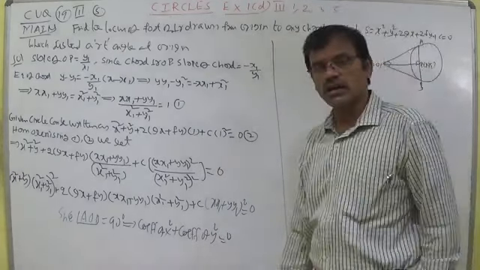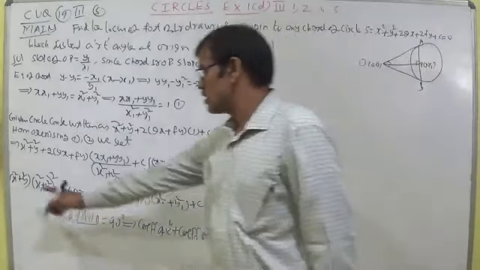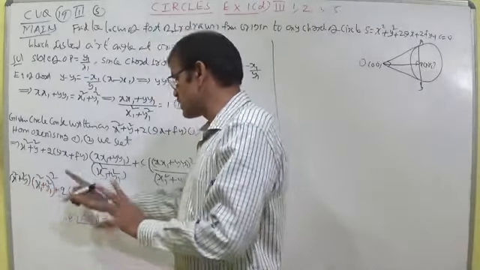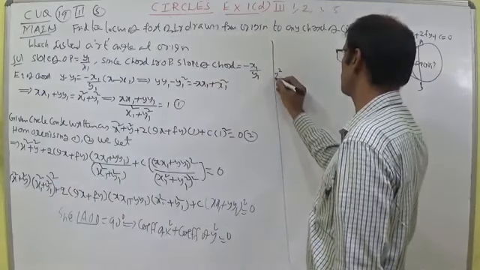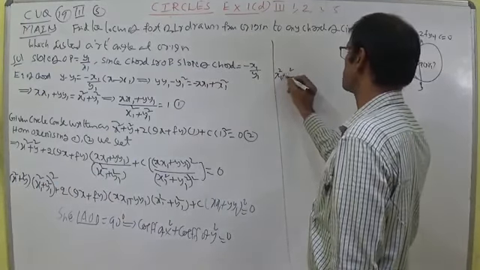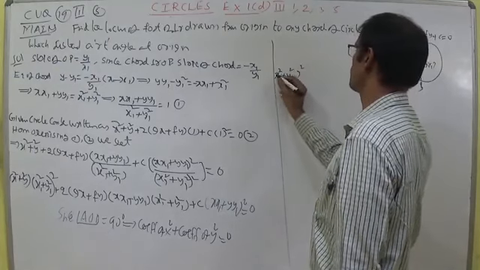Here, how we get the coef of x square? Here, x square coef and y square coef is as it is, (x1 square plus y1 square) whole square you can write. No problem there. (x1 square plus y1 square) whole square.